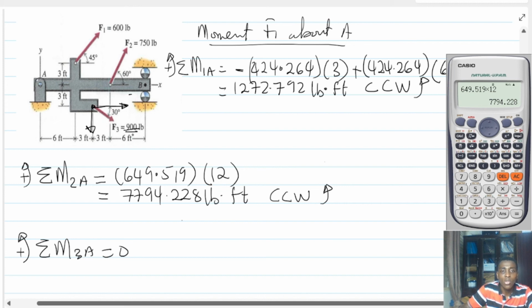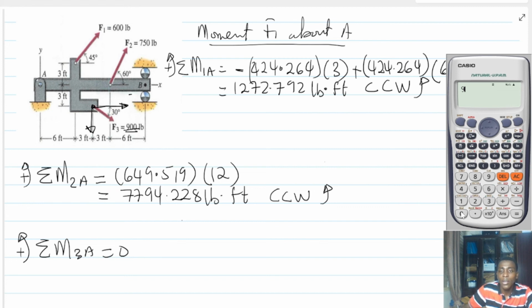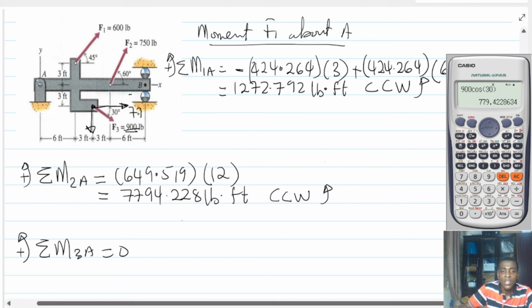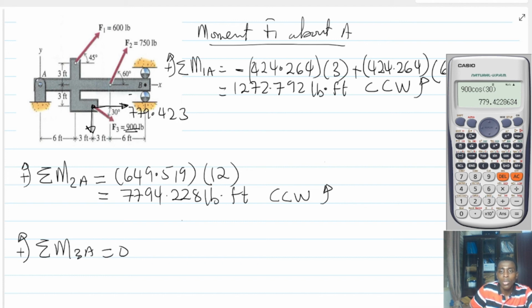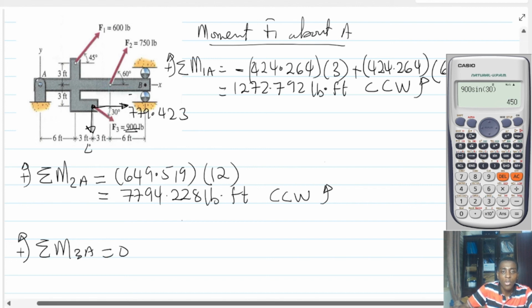The X component is going to be 900 cosine 30. What is that? 900 cosine 30, which is 779.423. And then the Y component is going to be sine, which is 450. So it's going to be 450 pounds.